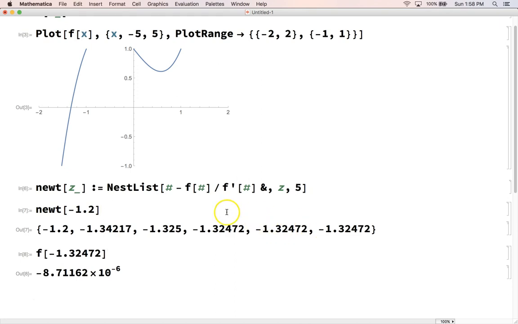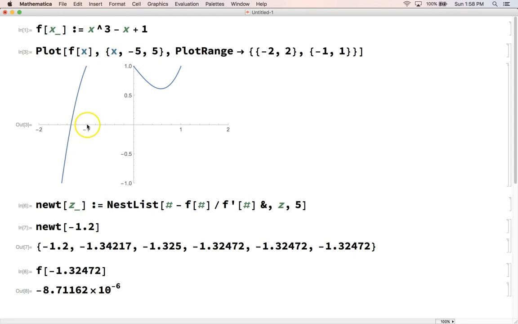So what would I like to know? I would like to go through each starting value from -1 to 1. Each starting value here, I would like to apply Newton's method 5 times, which is what this newt function is doing. And then I want to analyze how close I get to zeros doing that. So let's work on that. Let me delete a couple of these.